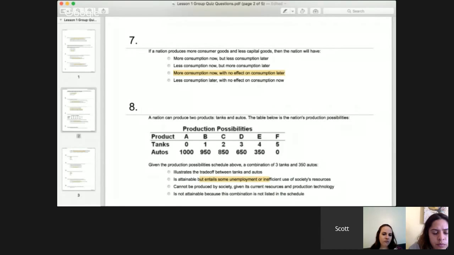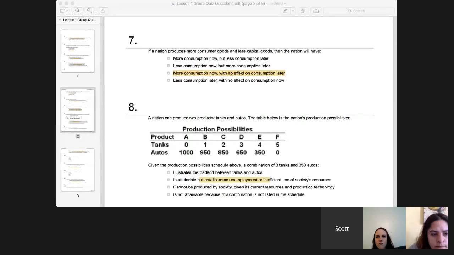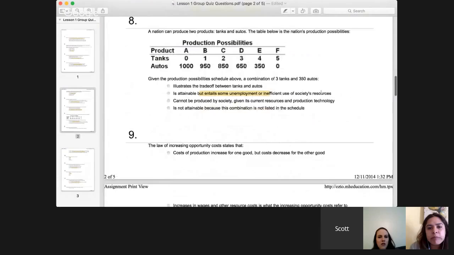I think investing in capital goods will help increase it, but if you don't invest in any more technology, you'll still be able to produce at the same level year after year, so it won't affect the possibility later. Yeah. Okay, I think C is the right answer. Yeah, I put down C. Okay, we'll go with C then. I think that's better.